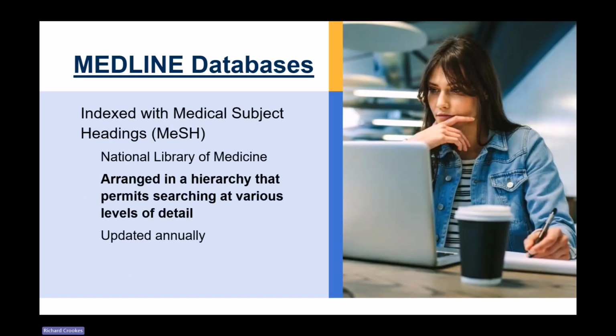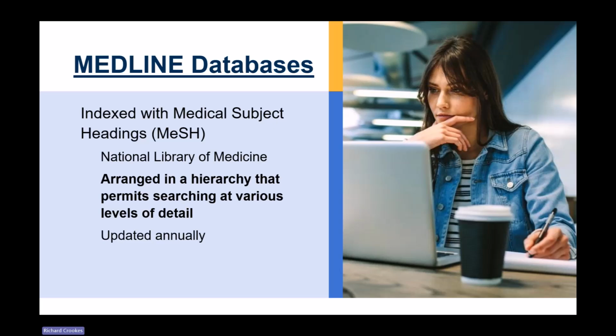In terms of the way in which it's structured, of course, Medline is indexed with medical subject headings. I already mentioned the MeSH terms, which originate with the National Library of Medicine in the US. These are arranged in a hierarchy that permits searching at various levels of detail, providing a more authoritative search experience because you're not just searching by keyword, you're also browsing the thesaurus to retrieve records that have been indexed or assigned headings, MeSH terms, to identify the actual content of an article, book chapter, report, and so on.